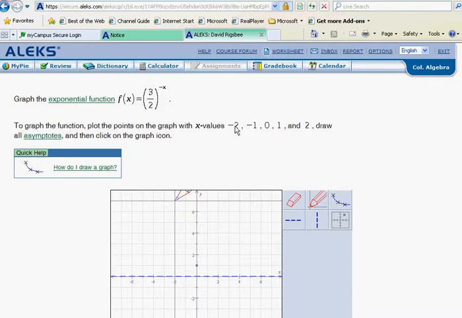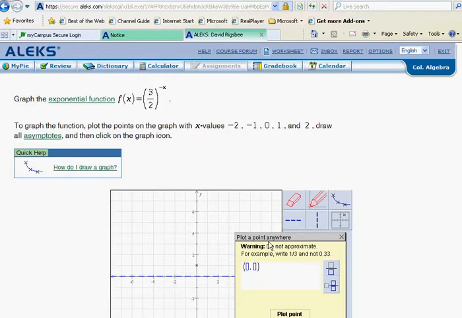That's the negative of a negative 2, which is a positive 2, which is going to be 3/2 squared, which is going to be 9/4. And so we can go negative 2, and of course we're going to have a positive answer. We know that is the case. So we're going to click our fraction 9/4.